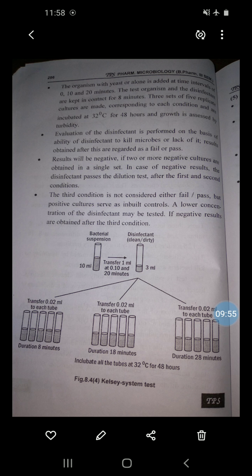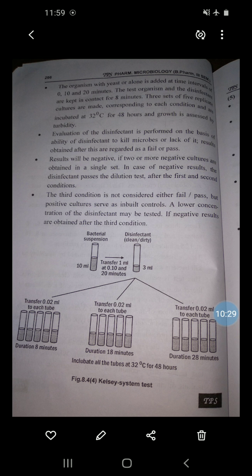Three sets of 5 replicate cultures are made corresponding to each condition, and these are incubated at 32 degrees Celsius for 48 hours, and growth is assessed by turbidity. Then evaluation of the disinfectant is performed on the basis of the ability of the disinfectant to kill microbes or the lack of it.